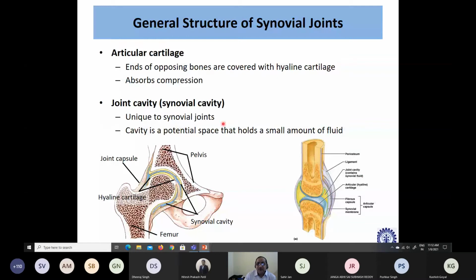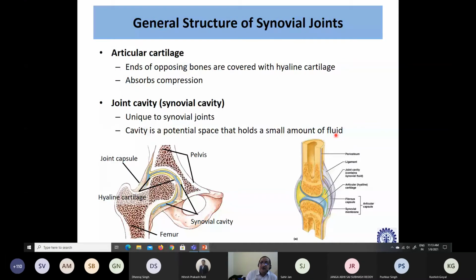So this is unique to the synovial joint, and the cavity is a potential space that holds a small amount of fluid. So this fluid helps in lubricating the joint to a great extent. It reduces wear, it acts as a lubricant, and it can also take compression load as well as impact load.